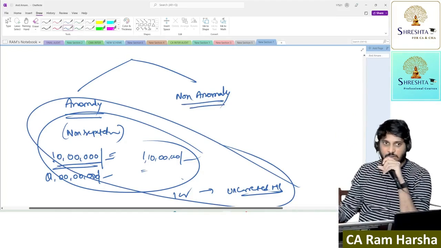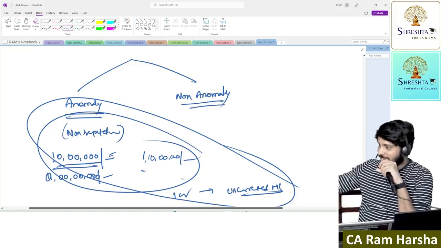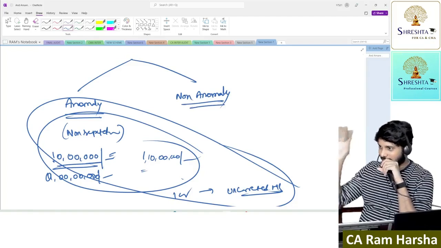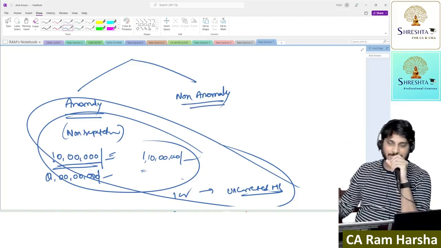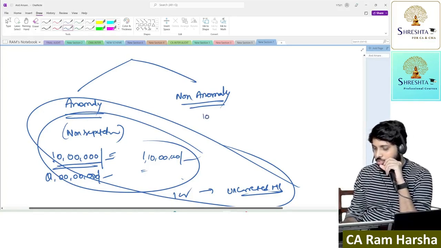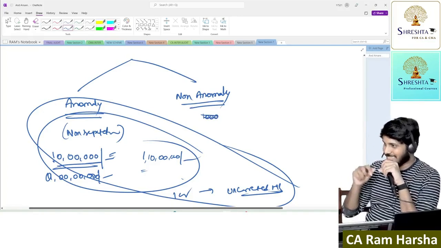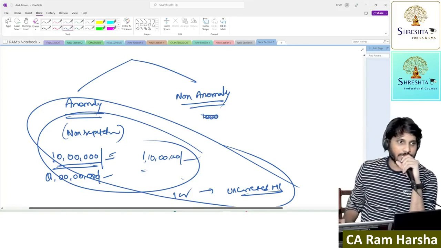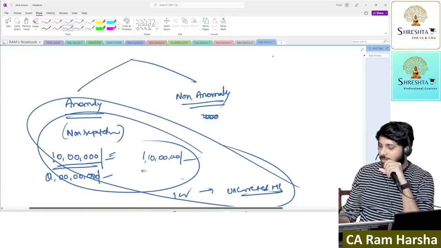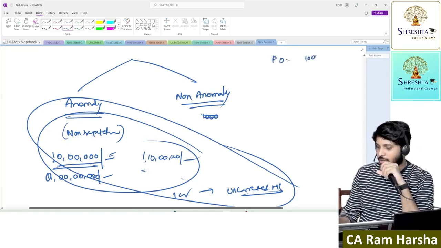Now next, non-anomaly. In the company's software control, there is a small error. Whenever a goods received note is generated, consider the program they wrote. If a purchase order contains 1000 units, what is the maximum GRN that can be generated?